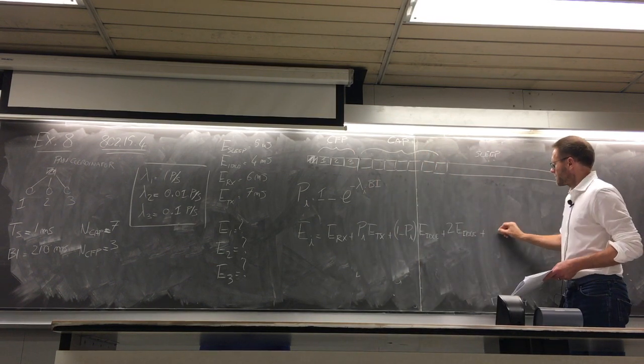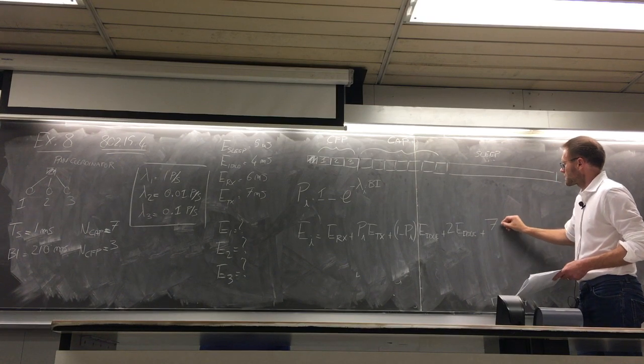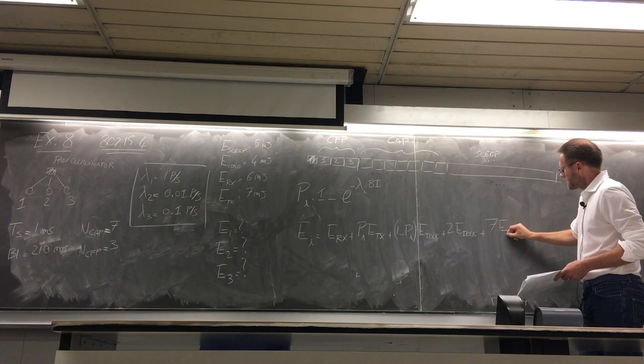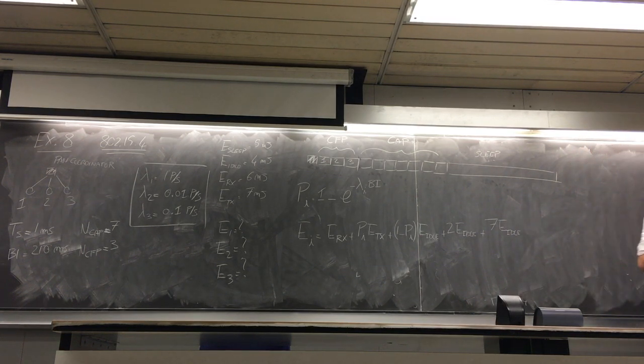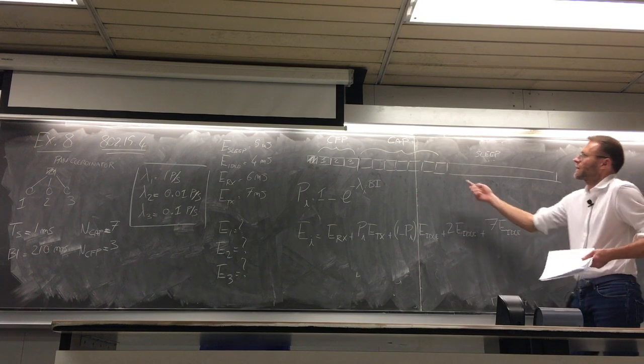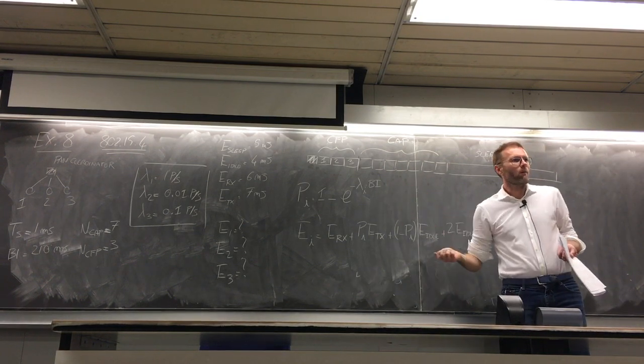Then I have to sum up the energy consumed in the collision access part, that is 7 times E idle. In the 7 slots of this collision access part the node is doing nothing, so it is idle.